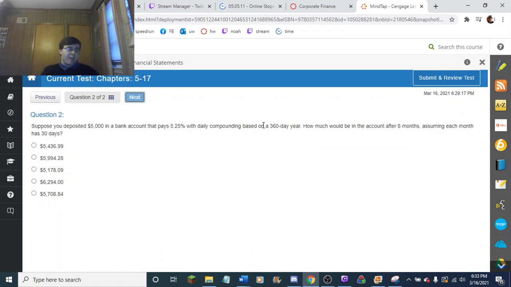The time is 8 divided by 12. So you earned that much interest, so it's 5,175. What? Come on. Oh, it says it's compound interest. Well, thank you for that. Thank you for having one question be simple interest and one question be compound interest.